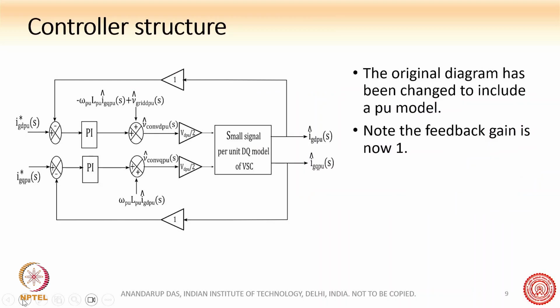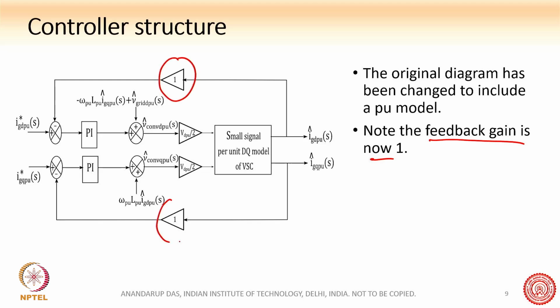Now this original diagram will be changed to include a per unit model. One of the things is that the feedback gain will now be changed to 1.